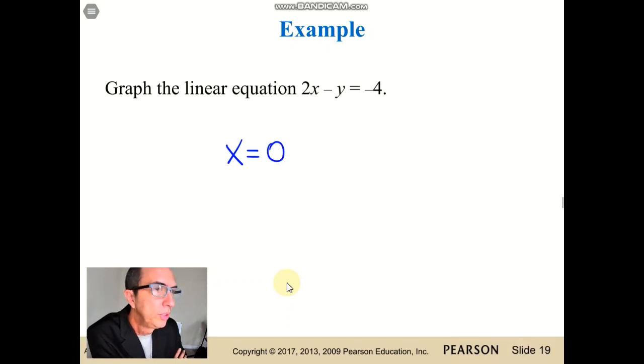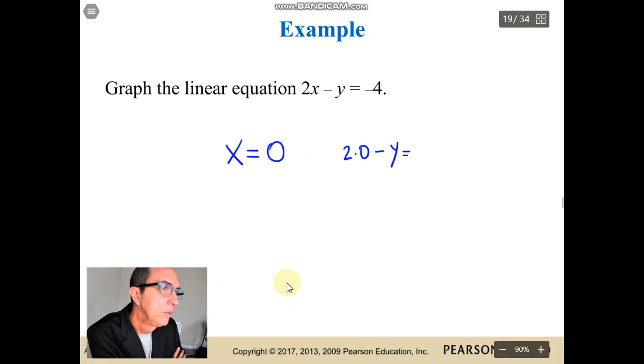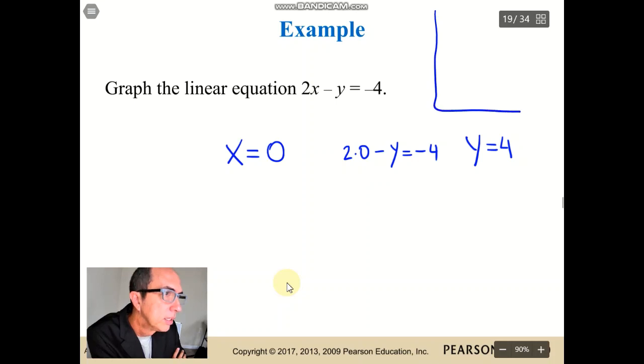That's up to you, but I always like to assume x equals 0. And then we will have 2 times 0 minus y equals -4. If you simplify this, you're gonna find that y equals 4. And this is our first order pair, 0 and 4. Okay.